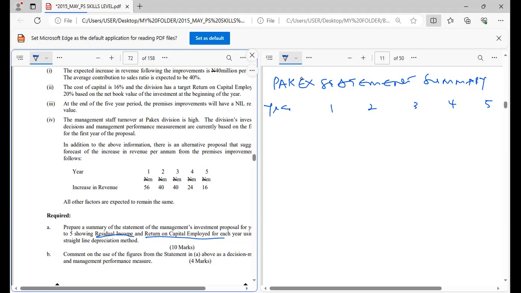In a case where we are not given a straight figure for the profits, we have to use the revenue times the net profit margin.